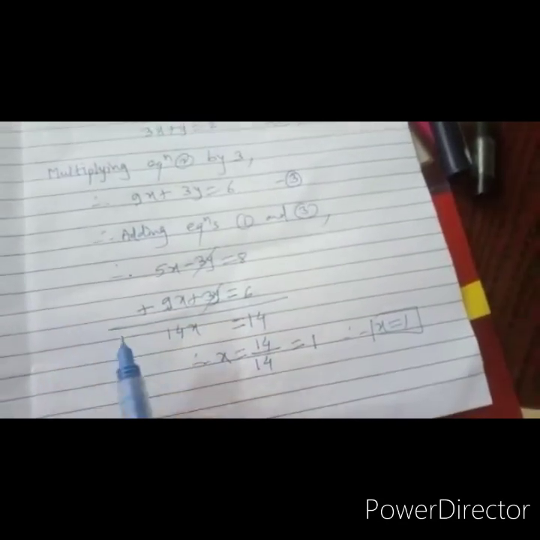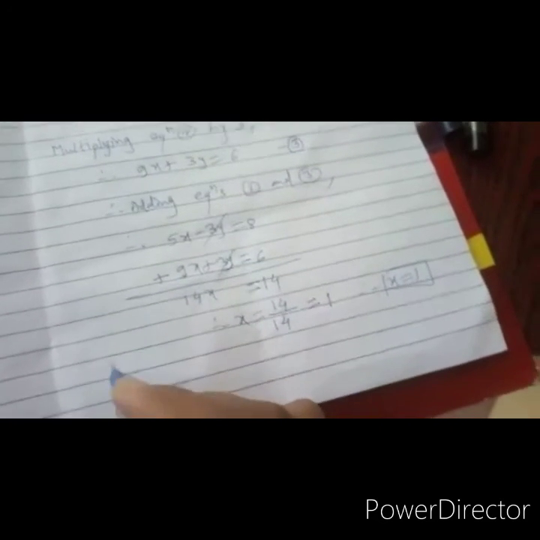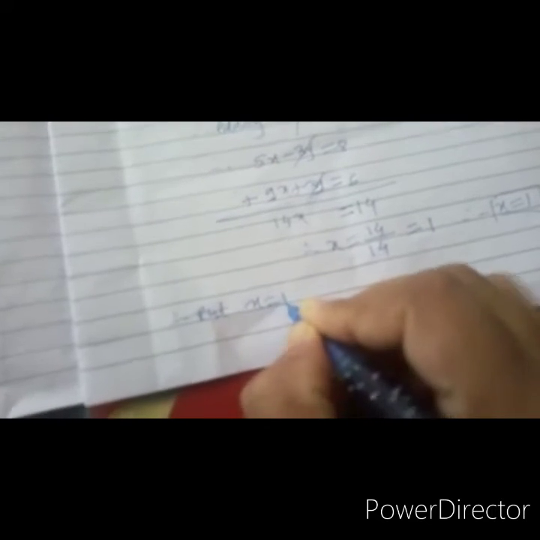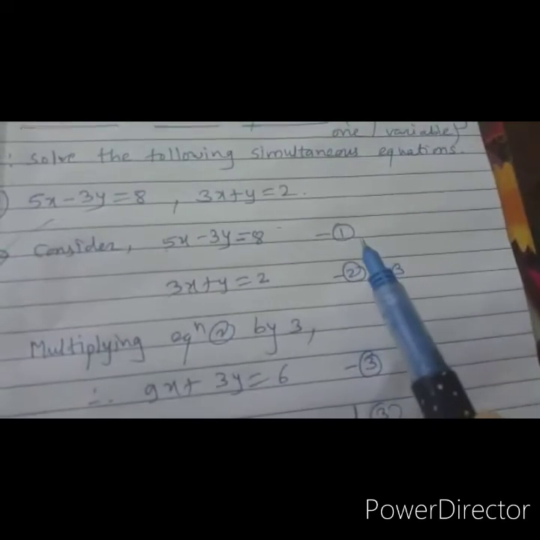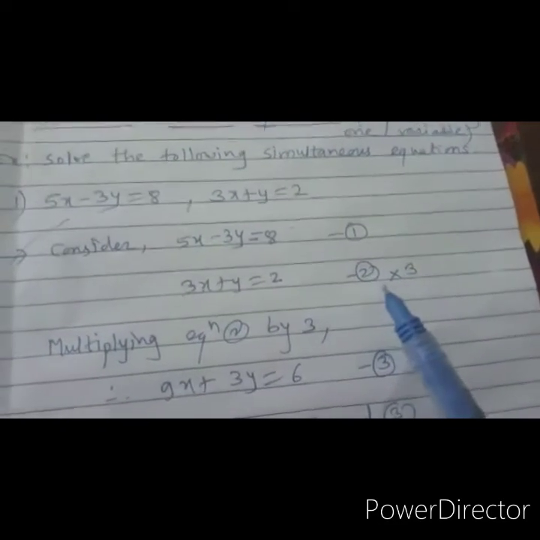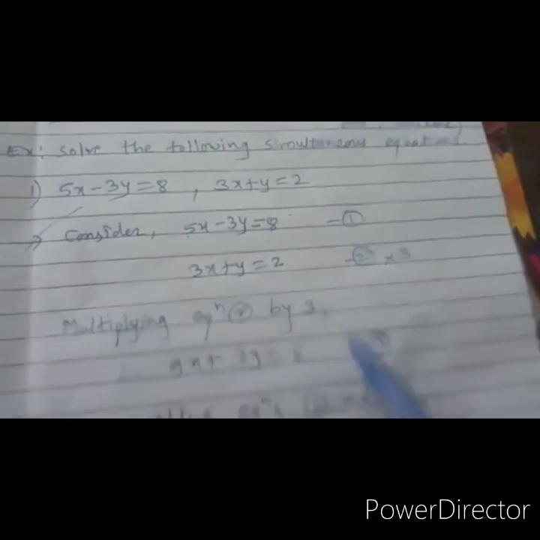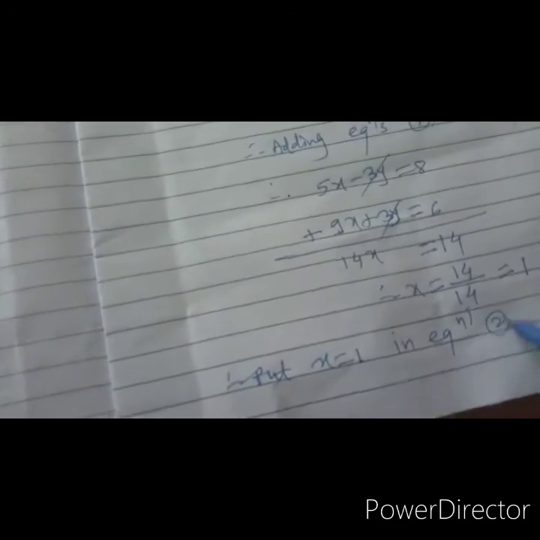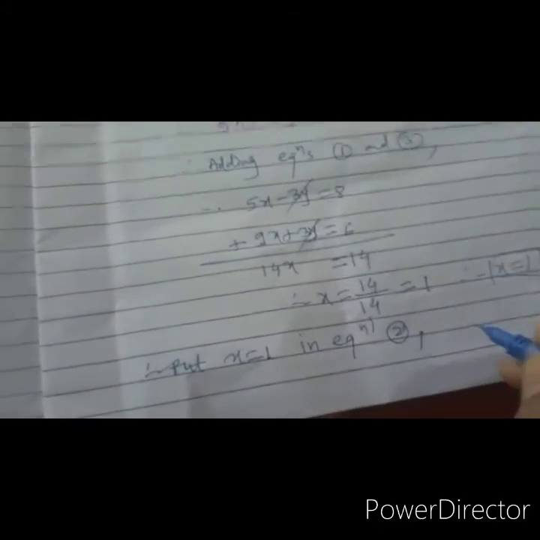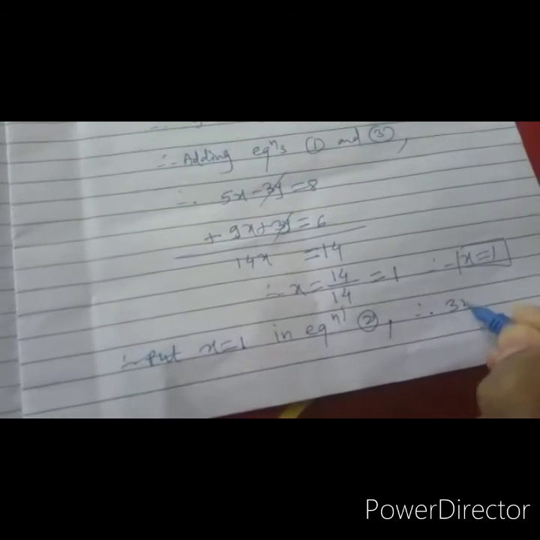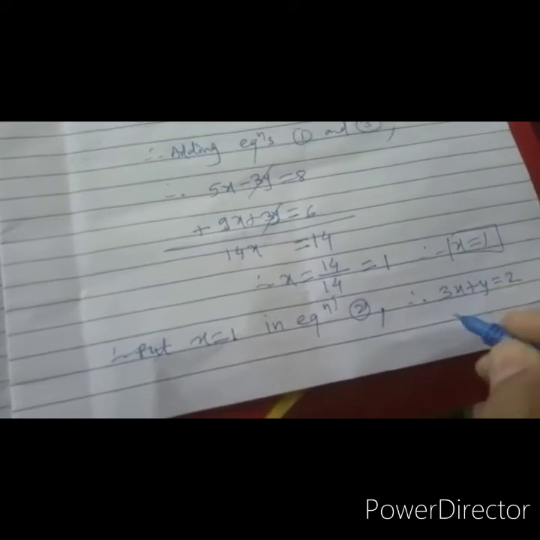Now here we got x is equal to 1, therefore put x is equal to 1 in an equation. You can choose any one equation, 1, 2 or 3. So we can put the value of x in equation 2. Equation 2, therefore 3x plus y is equal to 2.